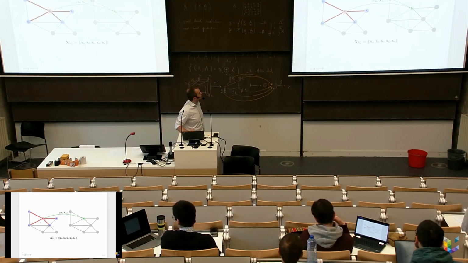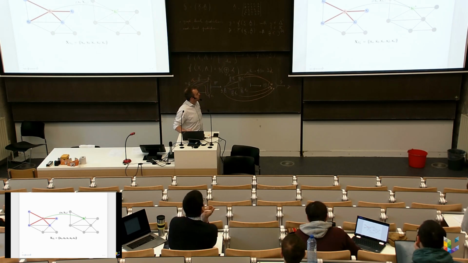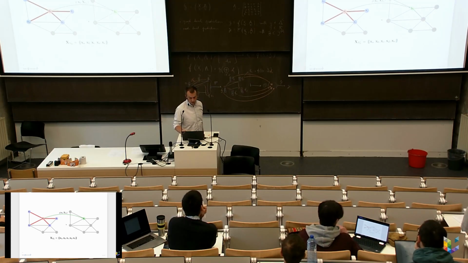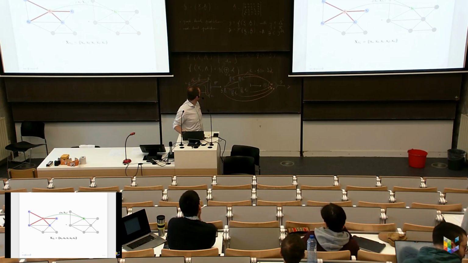So the neighborhood will be all these 5 nodes. And now when we compute the new vector associated to x_b, it will be a function of all these 5 vectors.